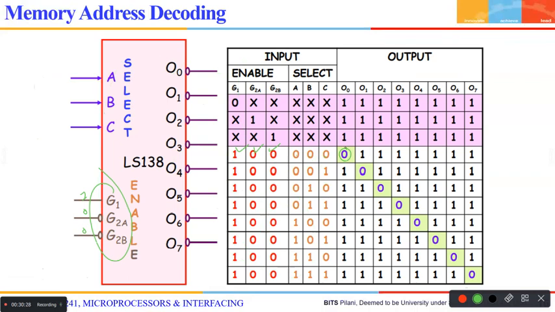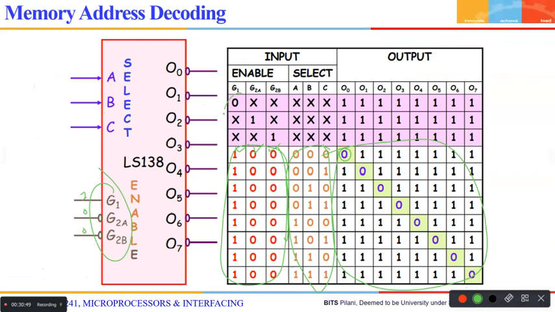For all these cases, your G1 is 1, G2A is 0, G2B is 0. Only then can you see a decoding action, yes or no? Then only the decoding action is happening in this.